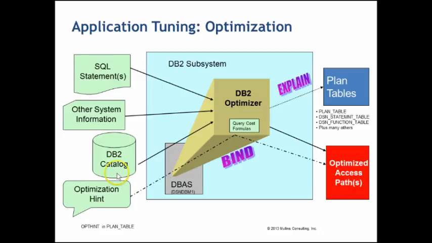Okay, the other thing here is this optimization hint. You can give a hint to the optimizer in DB2. What that is to say is, instead of figuring out a new access path, use this old access path. And that's gotten easier as of DB2 version 10; instead of the old way, where we had to map to plan tables in order to get that, now we can have that done in our optimization tables.